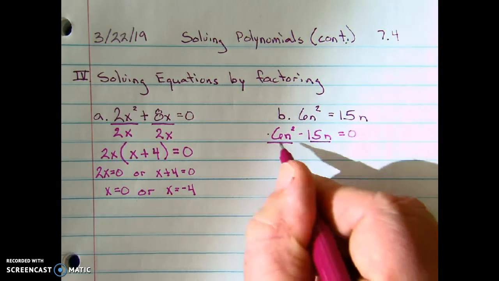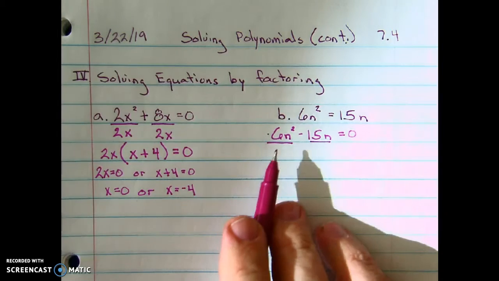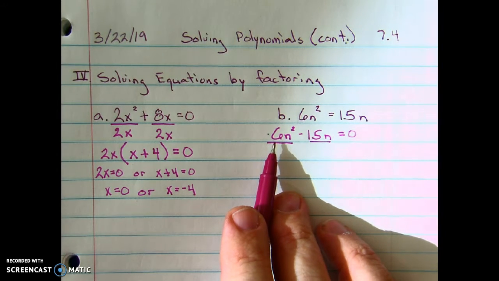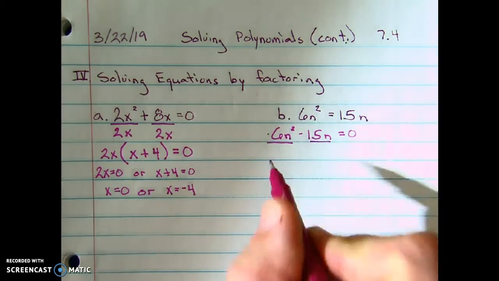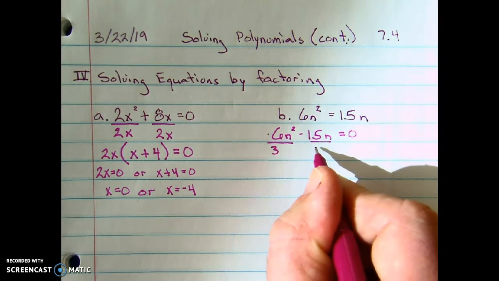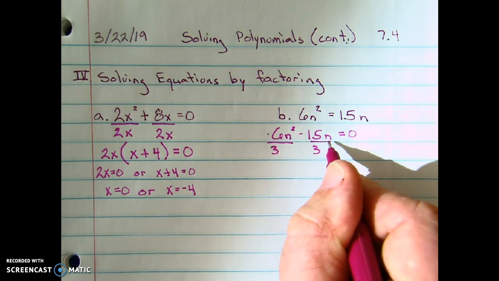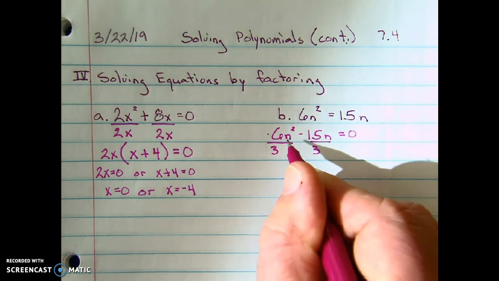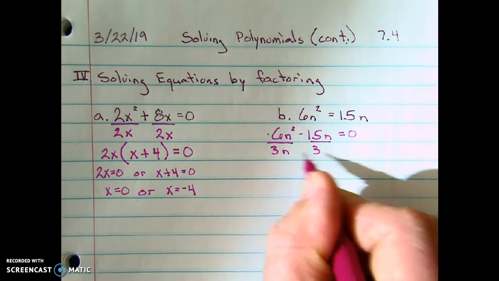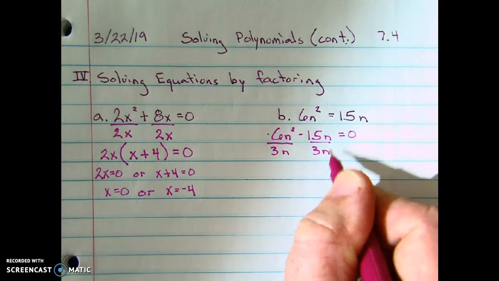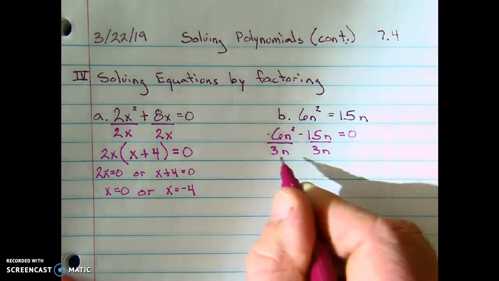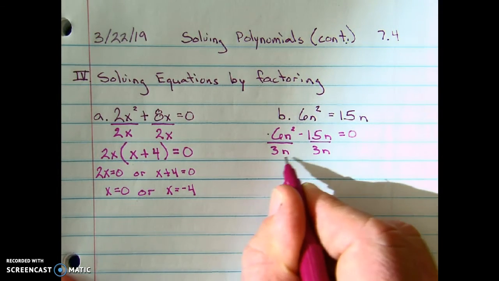Now 6 does not go into 15, so I have to think of the next number that would go into 6, which is a 3, and that does go into 15. So I'm definitely going to divide by 3. And then I notice the variable is n. This one only has 1. That one has 2, though. So I can divide by 1n. I can't go by 2 since this one doesn't have 2. So that is the GCF, that 3n.